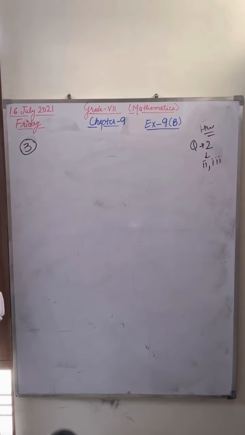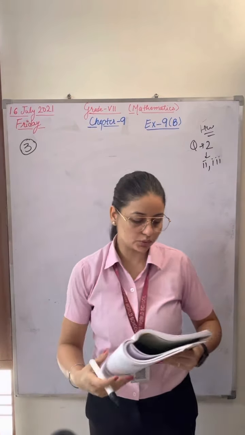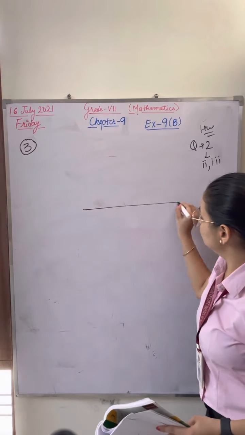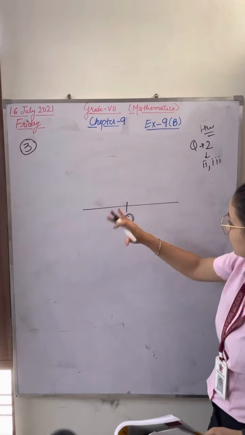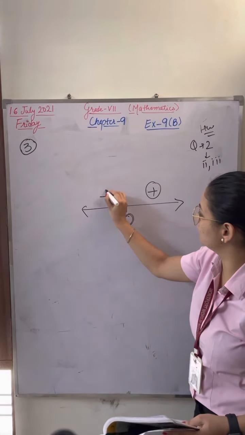The third question is, which of the two rational numbers is greater in each of the following pairs? You have to check which one is greater. I'll ask you this question verbally. First, one more thing I want to tell you. 0 will lie in the center of the number line. Here you have the positive values, here you have the negative values.